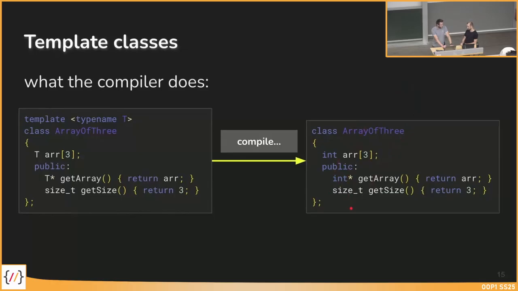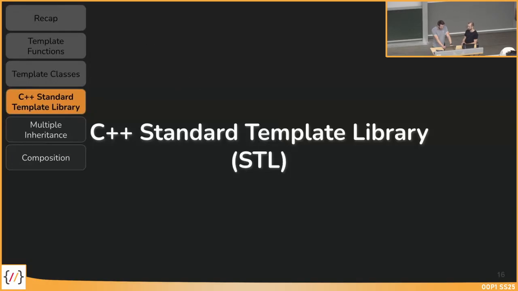I said before that it looks a bit familiar. It is like the vector, for example. Maybe we should have a look now at what types of templates already exist currently. And therefore we come to the C++ Standard Template Library, STL. This library, you've already used it.